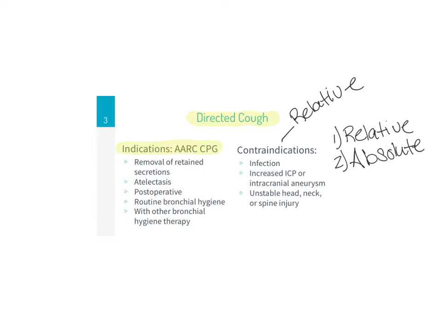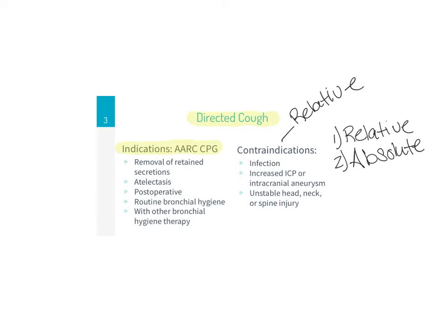Okay. So contraindications. So infection, yes, an infection may be an indication if they have a pneumonia. When it says contraindication is infection, we're worried about those aerosol particles and the caregiver getting them. So if you have a COVID-19 patient, you're not going to give directed coughs. You're not going to work with them on coughing.